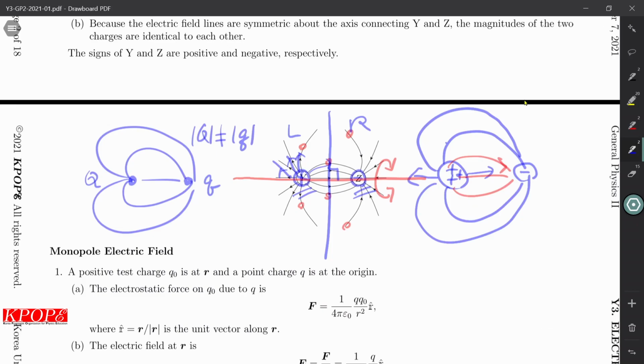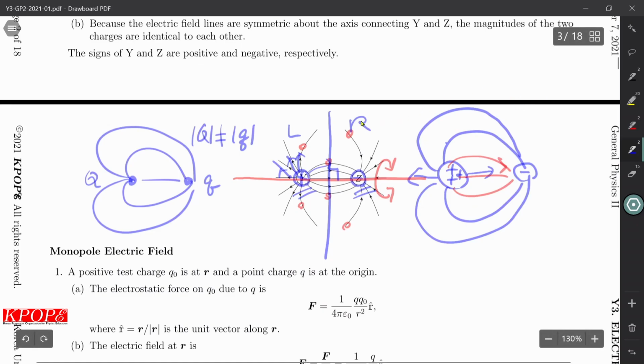But we have left-right symmetry, so we say these two charges are the same.